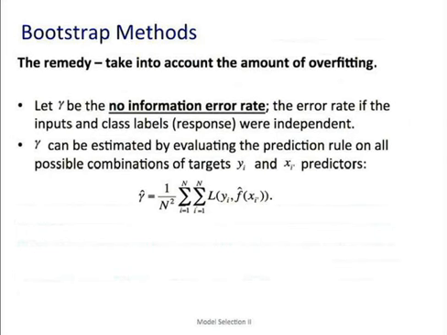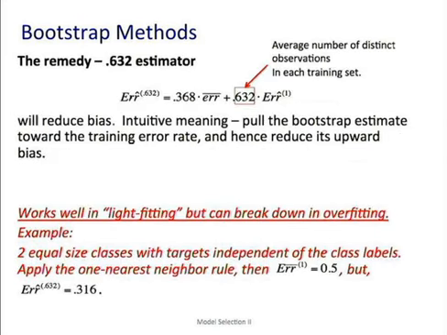Okay, so this is in a situation of overfitting. In other words, when all things are good and you've got a p that is less than n, you can usually get away with the 0.632 estimate. You can also probably get away with the leave-one-out idea. Okay, it's not unheard of.